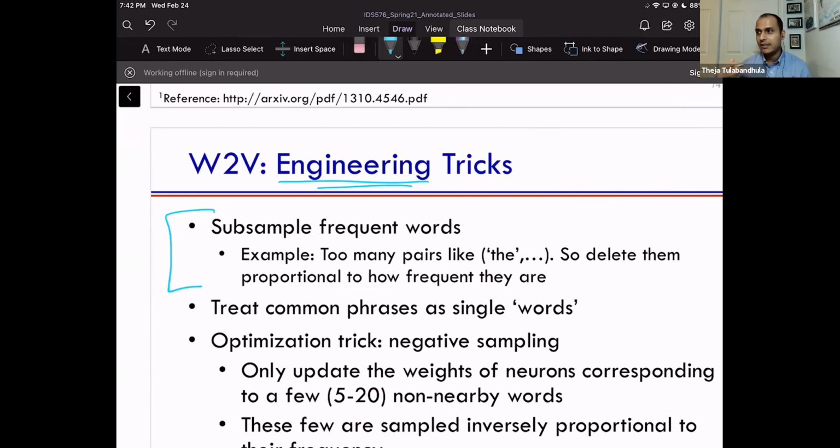When you work with billions of sentences and maybe hundreds of thousands of words, which are not exactly the words of a proper English dictionary but include many other things, you do some things. For example, to deal with the fact that articles like the appear so many times, you actually delete them in proportion to how frequent they are.